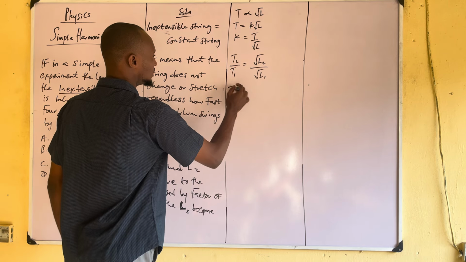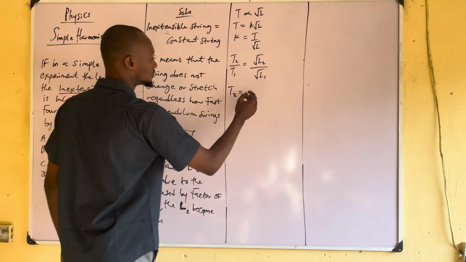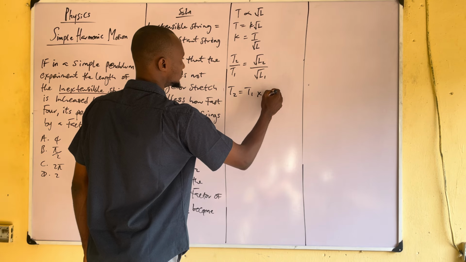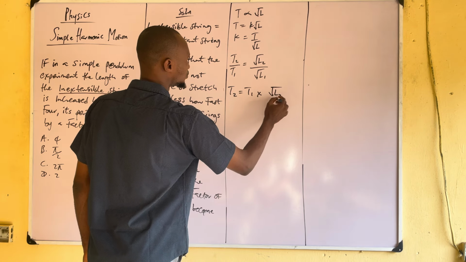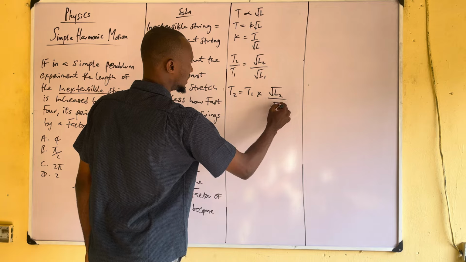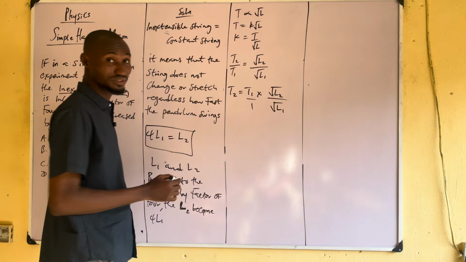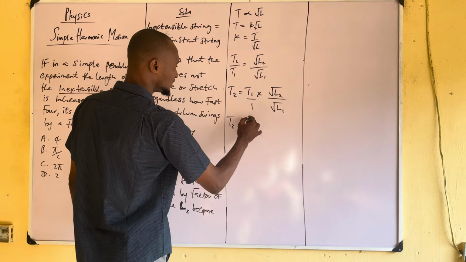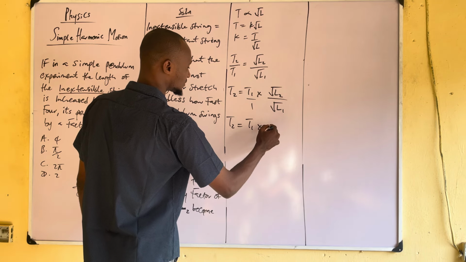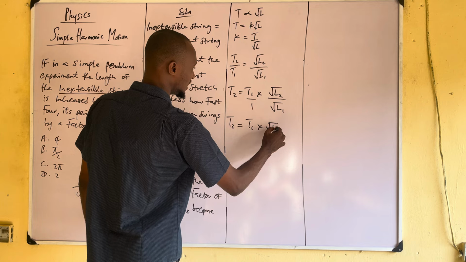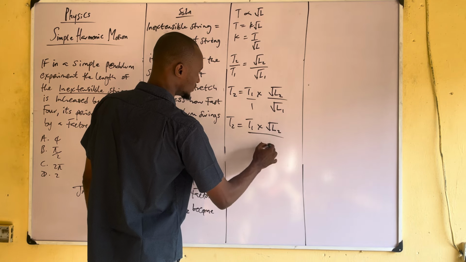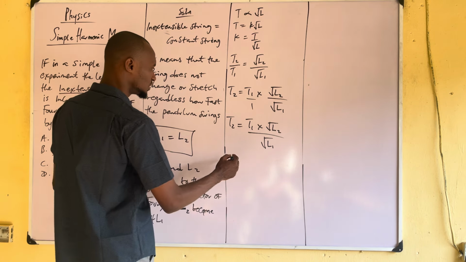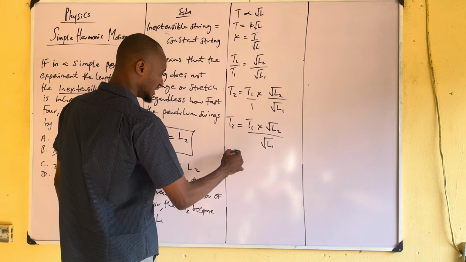So T2 is equal to T1 times root L2 over root L1. Is that correct? So that means T2 is equal to T1 times root L2 over root L1. Is that correct? Good.